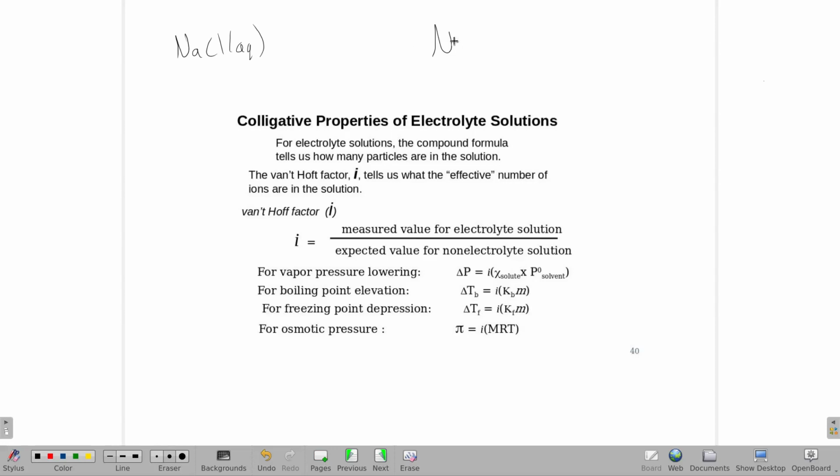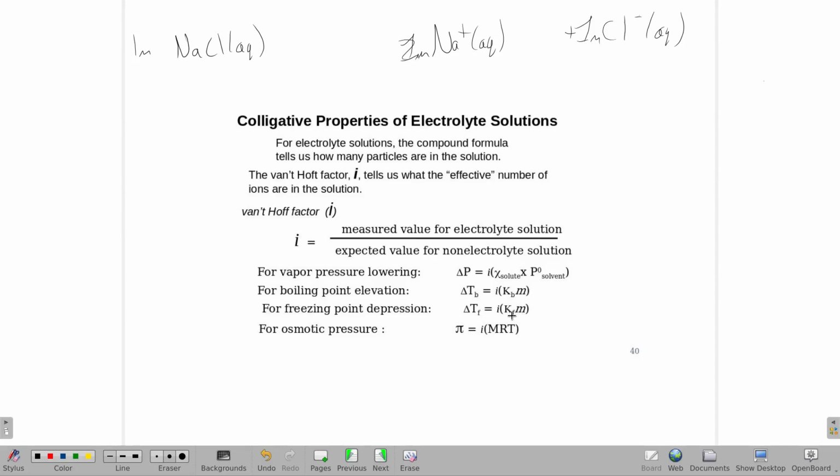NaCl is actually Na ions and Cl ions. These are both solutes. So if this is actually 1 molar, this is going to be like 1 molar, and this is going to be like 1 molar. So the actual effect on the molality should be 2.